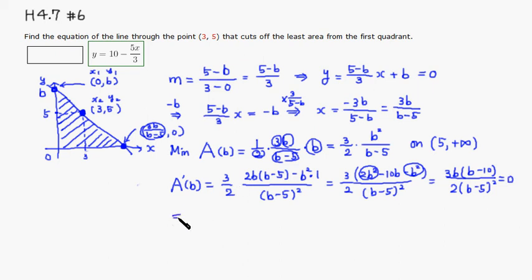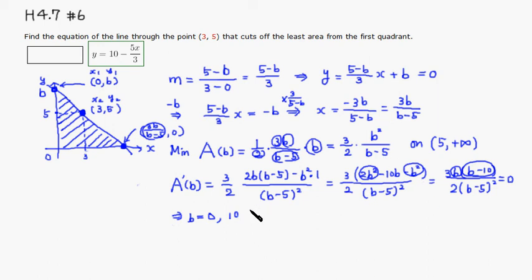And you can see that b is equal to 0, and b equals 10, all right. Also, let's see, b equals 5 makes the denominator equal to 0, but the original function is not even defined, so we're not going to consider that as a critical number.